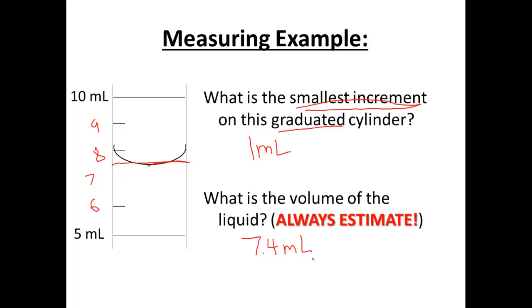Maybe 7.5, maybe 7.6, but right in that area. So we're estimating that one extra spot. If we measure to 1 milliliter, we're going to estimate to an extra tenth of a milliliter. One extra spot is our key. We estimate that one out to be more precise on our measurements.